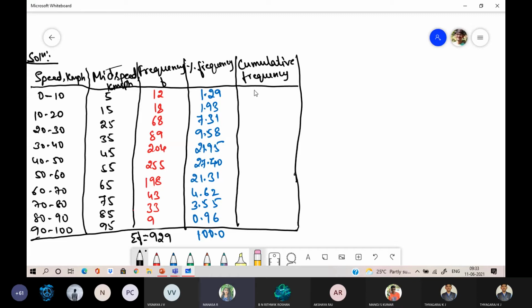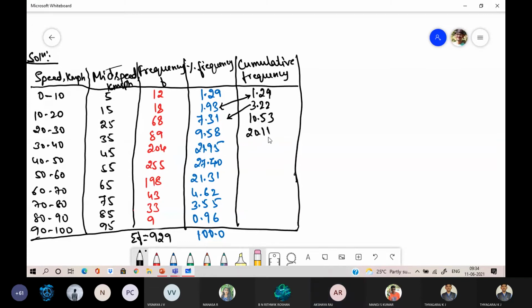I have to calculate like this: 1.29, you have to add these two. 1.29 plus 1.93, how much are you going to get? 3.22. Then add 7.31: 10.53. And plus 9.58, you add it. How much are you going to get?